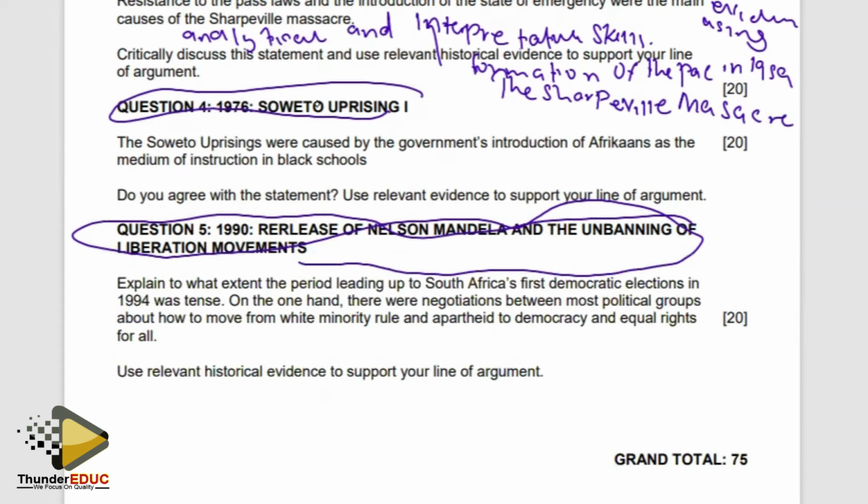If you choose the Soweto uprising, still you need to plan and construct an original argument, like also said in the first question, based on the relevant evidence using analytical and interpretative skills.